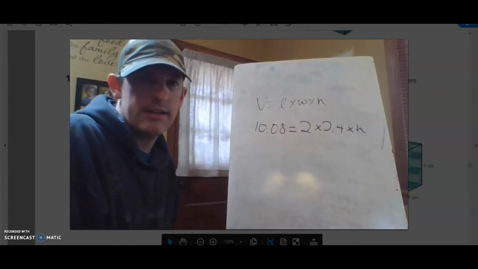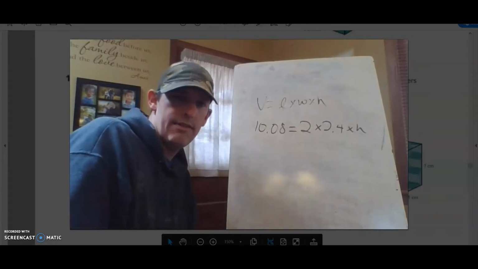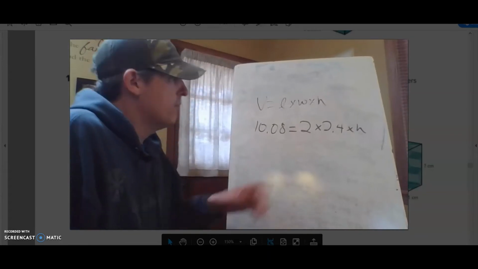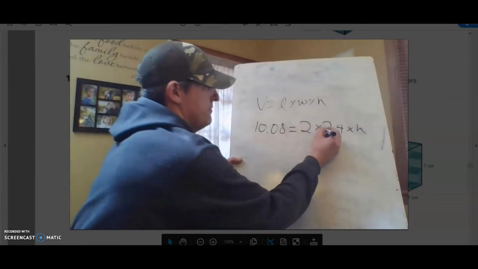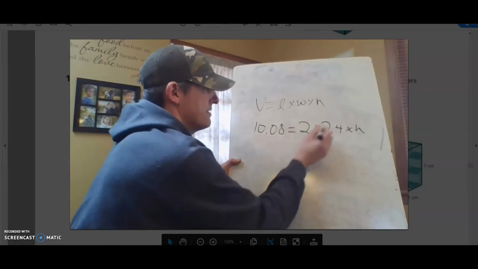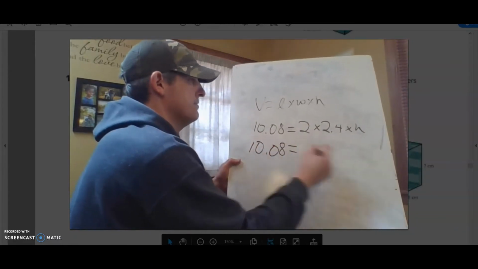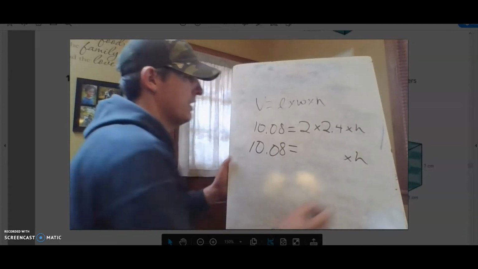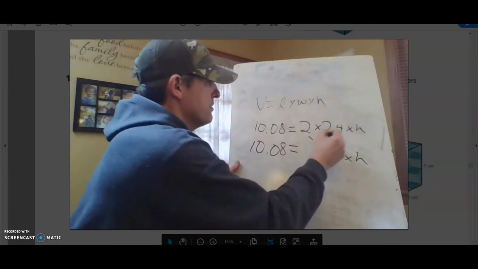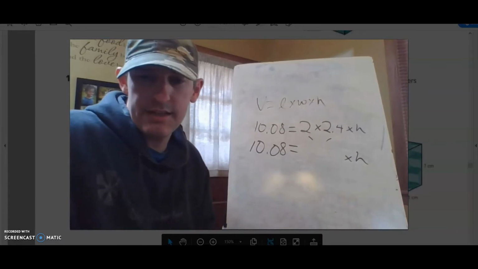And that's what we're going to need to figure out. So to find out, we're going to simplify both sides, bring down everything that we're not working with, the 10.08, and then the times h. Then we're going to multiply the 2 times the 2.4.